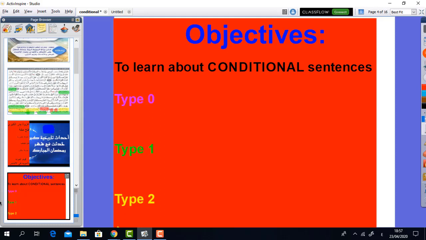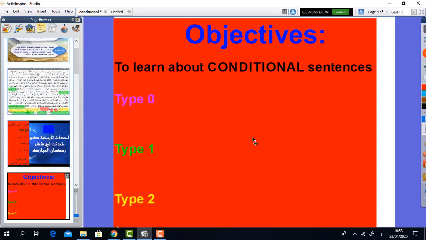And our objectives for today is to learn about conditional sentences type 0, type 1 and type 2. We will learn when to use each of these and how the sentences are formed. Of course, you need to ask me what are conditional sentences.